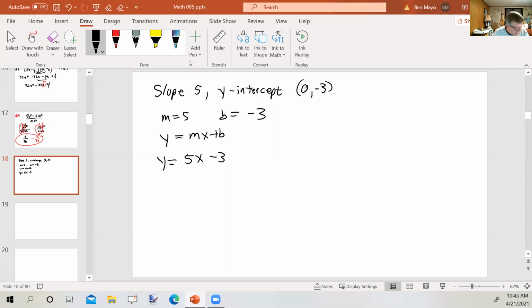Now, it says to write each equation for a linear function, so I'm going to replace y with f of x. So f of x equals 5x minus 3. That is a function that has a slope of 5 and a y-intercept of -3. All right, let's take a look at another example.